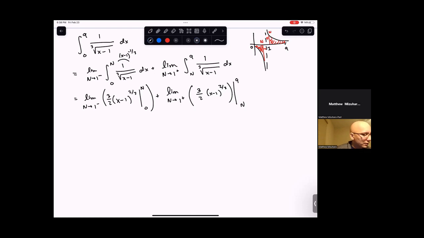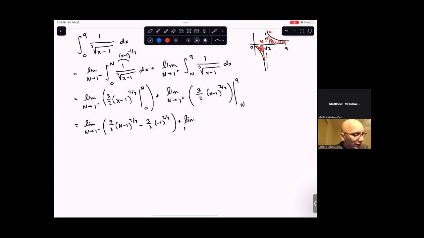Let's see what happens if I plug in my numbers here. As n approaches 1 from the left, I'm going to start by plugging in n here. So this is 3 over 2, (n minus 1) to the 2/3, minus, plug in 0. So that's 3 over 2, and then (negative 1) to the 2/3.